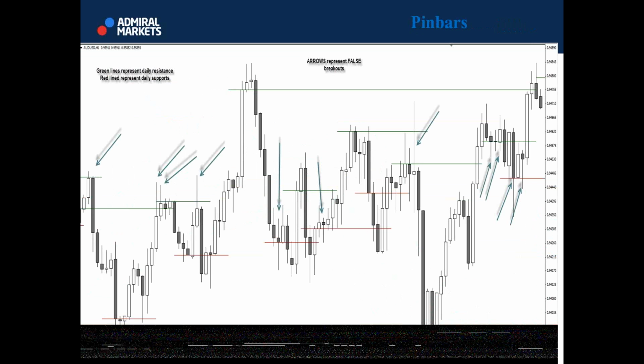So if you want to be protected against false breakouts, use daily charts along with pin bars around important levels, so you won't get caught into a false breakout. Okay? So that can be also a very good signal, those pins, for not to take a trade.